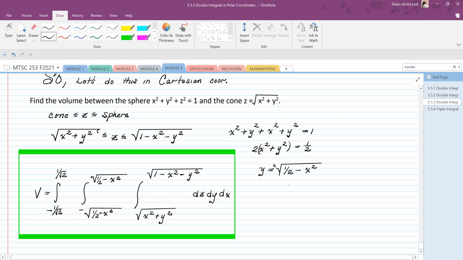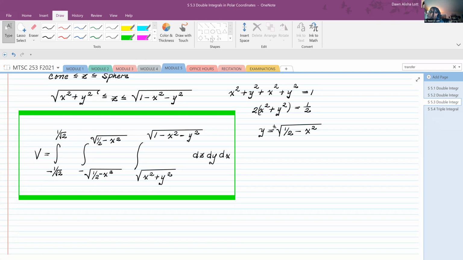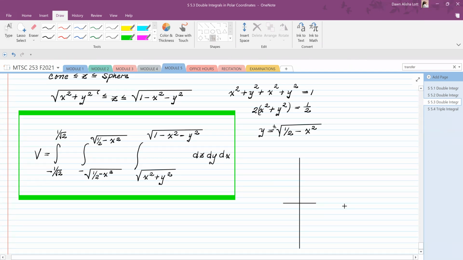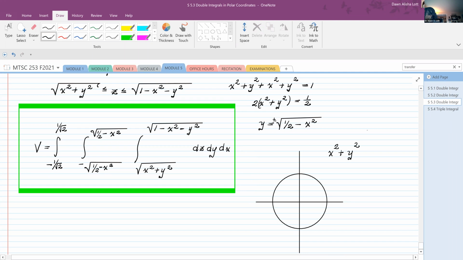So the 1 over the square root of 2, that's how you got that one from inside of the radical. Okay, first part. The circle, remember, in the Cartesian, in the xy plane, we had this circle. So in the Cartesian plane, we have x squared plus y squared is equal to a half.